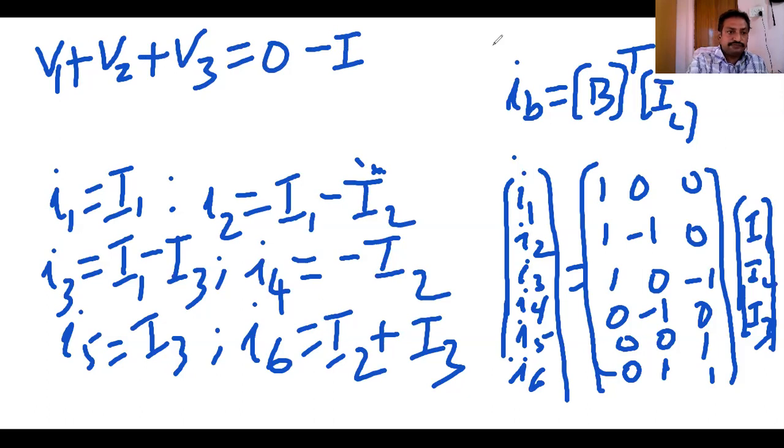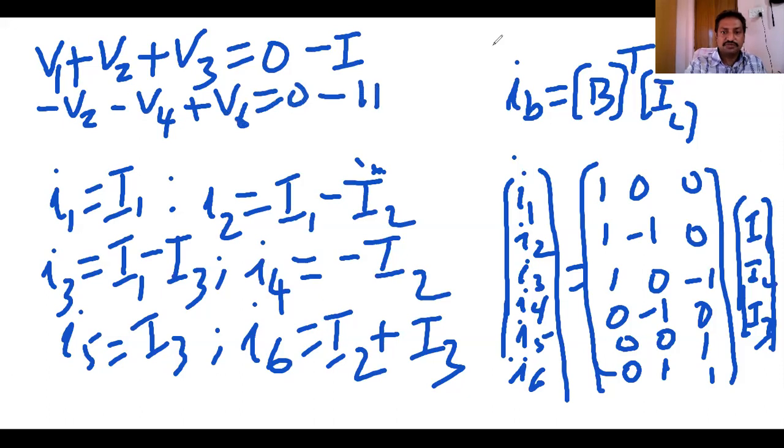Minus V2, minus V4, and plus V6 is equal to 0. Equation 2. So then we'll come back finally.